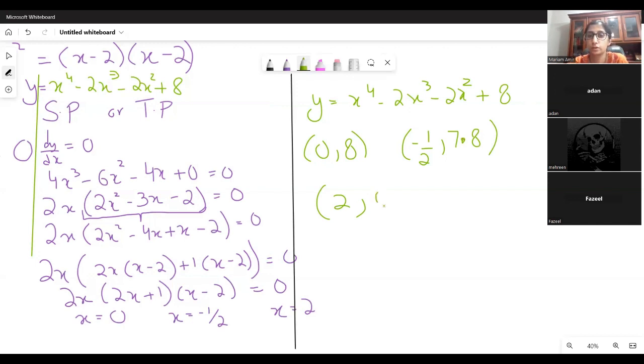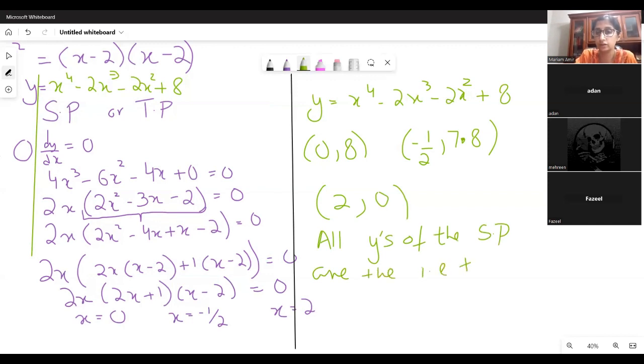So all 3 values of y of the stationary points are positive. All y's of the stationary or turning points are positive.